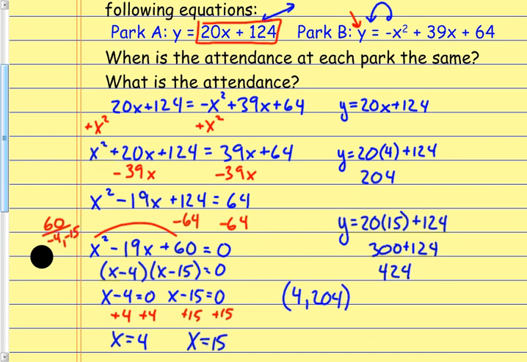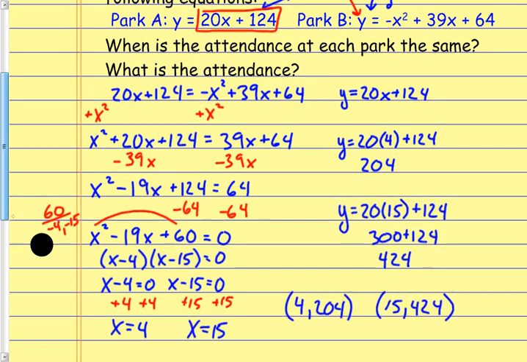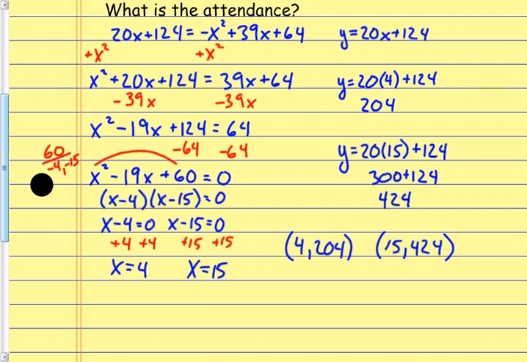And it's important to be able to look at that and interpret the results here. Since this is a word problem, let's think about what this means. Well, this means that on the 4th day, the attendance for each park is 204.